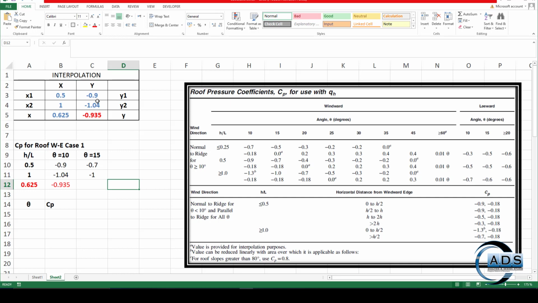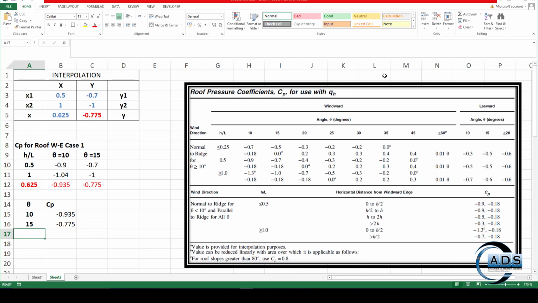Now for theta 15 degrees, it's minus 0.775. So for theta 10 degrees, the CP value is minus 0.935. For theta 15 degrees, the CP value is minus 0.775.